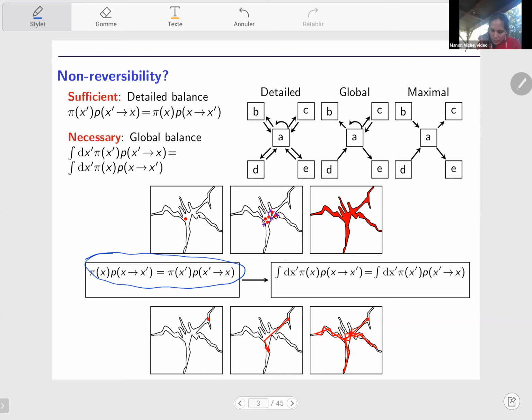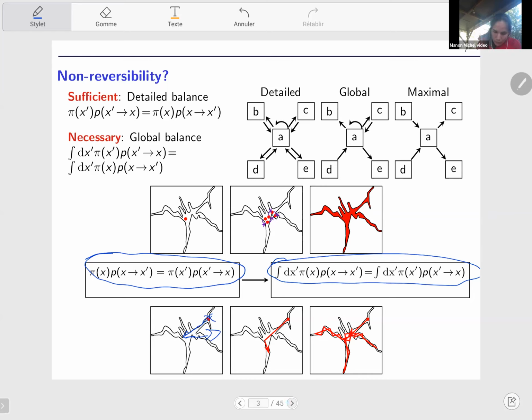Whereas if you go to global balance schemes, you need to find some global symmetry to have a general recipe to build these flows. And so the question that I will be reviewing is how one can find this global symmetry so that when they start at a point, they can go in a persistent way across the probability distribution and then change the direction according to this new information.